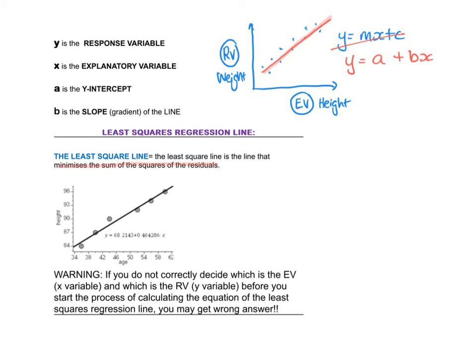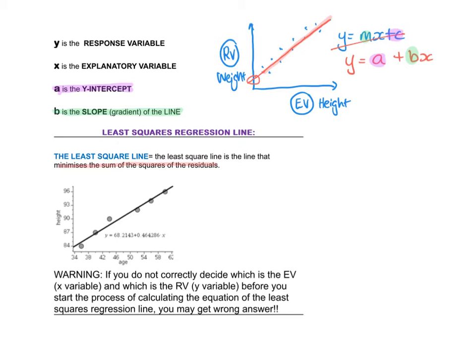They're just using different letters for the same thing. So this b is the same as your m. The b is like the slope or the gradient of the line, okay? And the a value is the same as c, the y-intercept, yeah? It's where this line, if it continued down, would cut the y-axis.